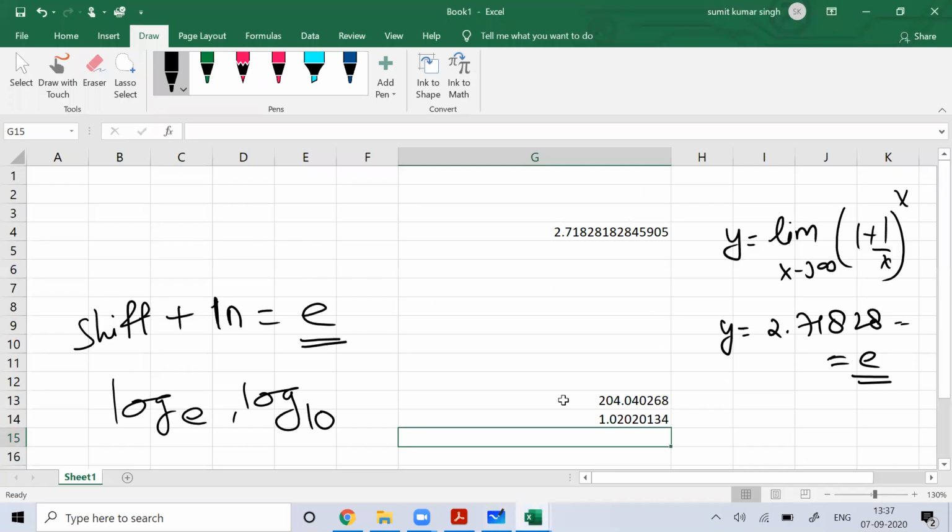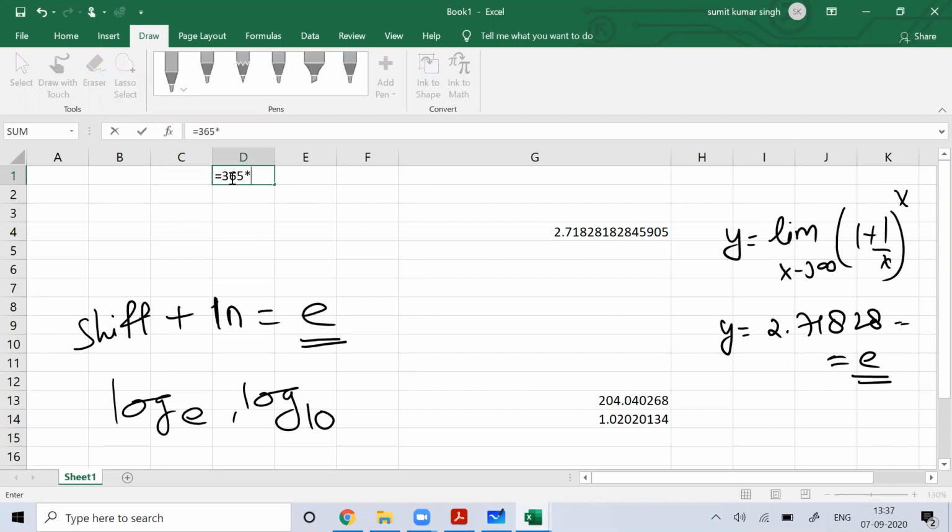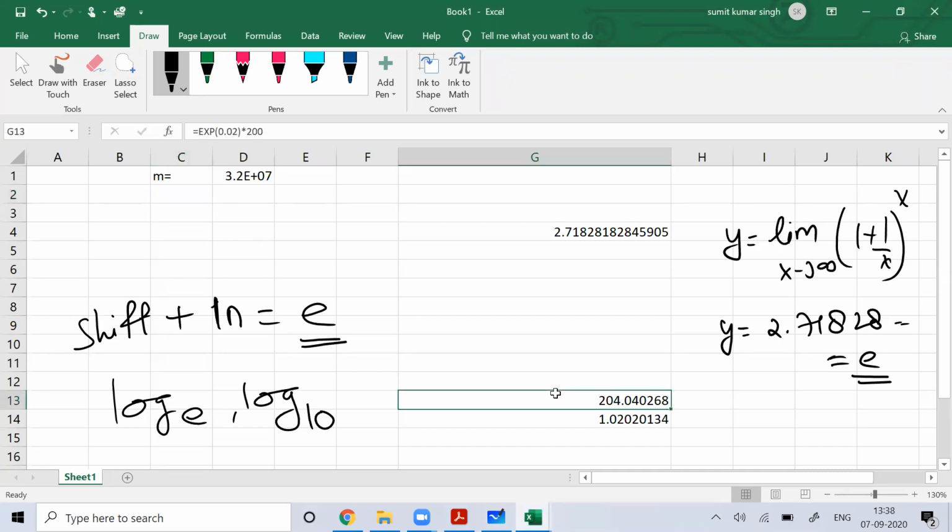Okay, so here also, if you want to see, 365 into 24 into 3600, you get this value, suppose this is your m. If you want to do this calculation, you can do the same thing here.